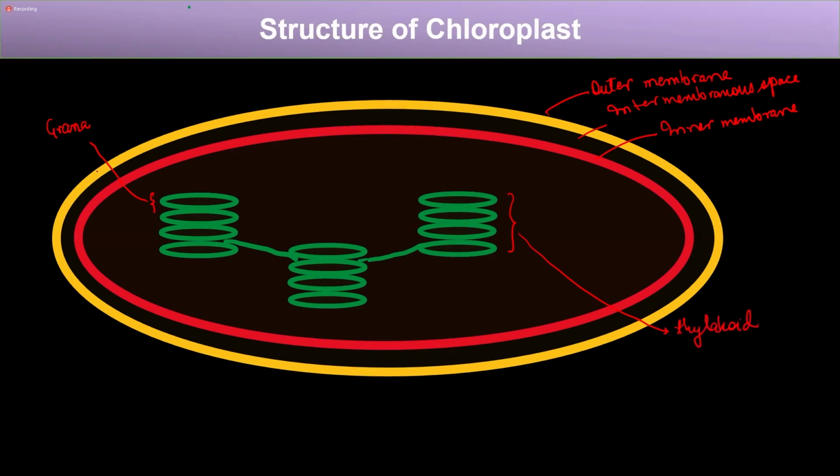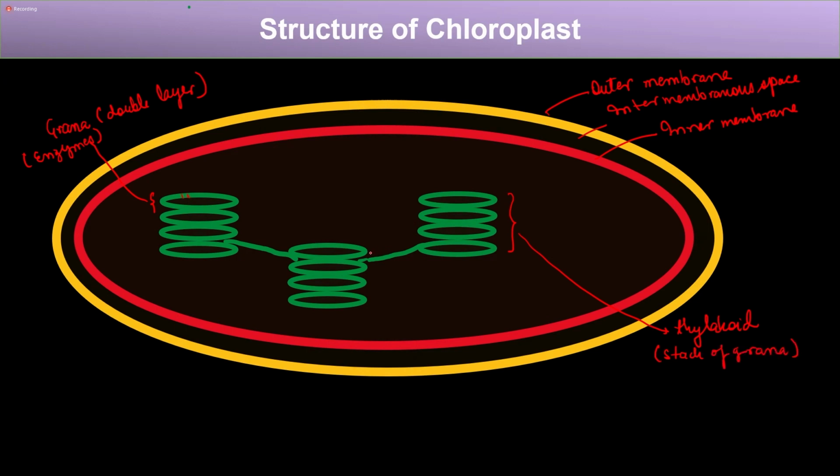The grana is a single entity of this entire stack, and it is a double layer that consists of certain enzymes. We'll see which enzymes in the next slide. Similarly, the thylakoid is a stack of grana.